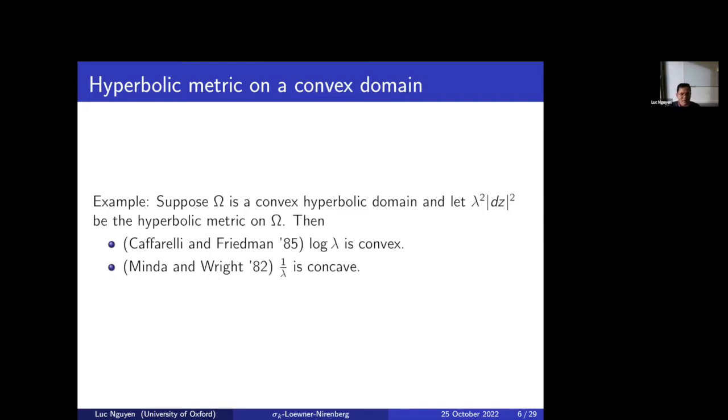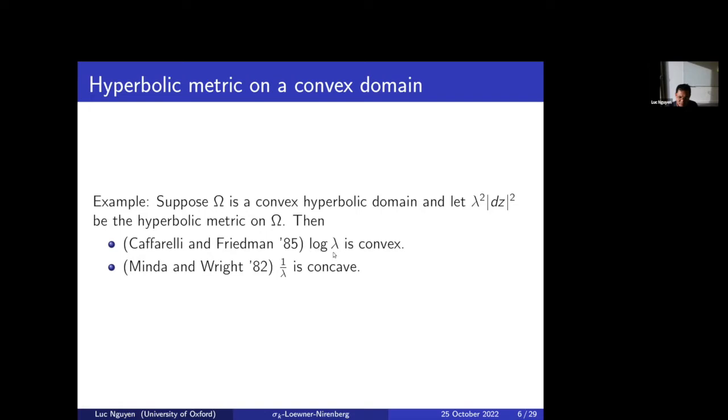Now, there has been a lot of work even in the 2D case, and I just chose a couple of things here that I think might have some relevance later on. Say if omega is a convex hyperbolic domain, so it's a simply connected one that is equivalent to a disk, and we look at the hyperbolic metric and the function lambda, then by the work of Caffarelli and Friedman and Minda and White in the 80s, we see that this function lambda has certain convexity properties.